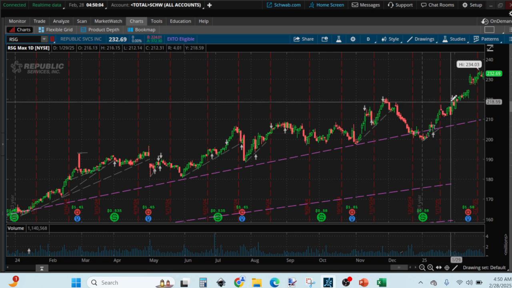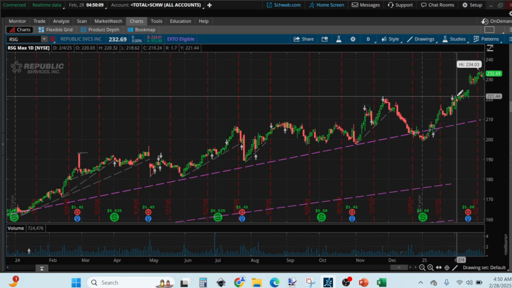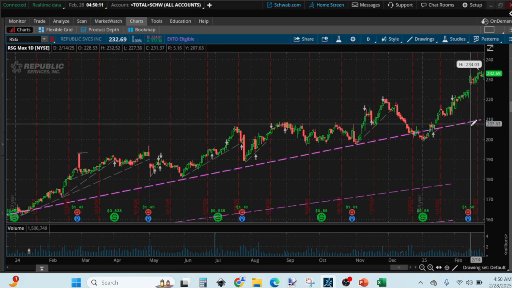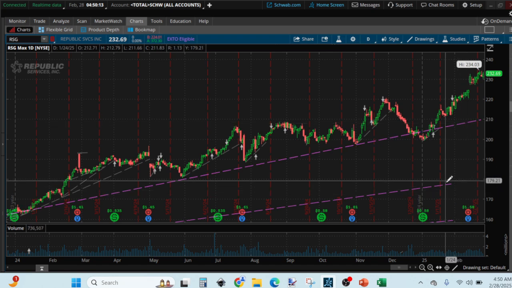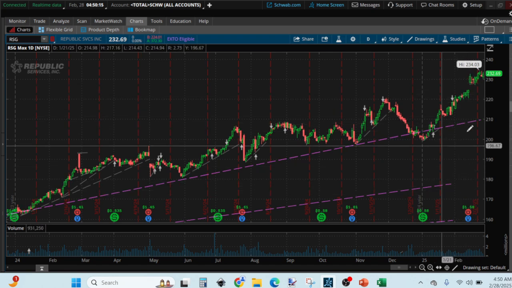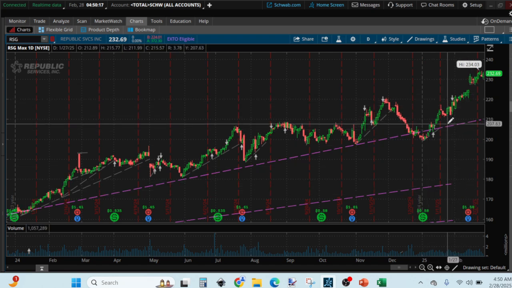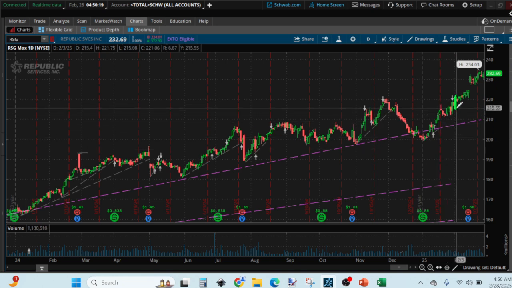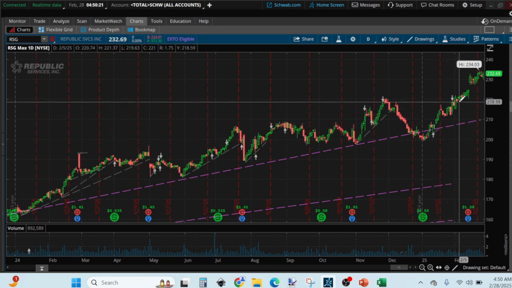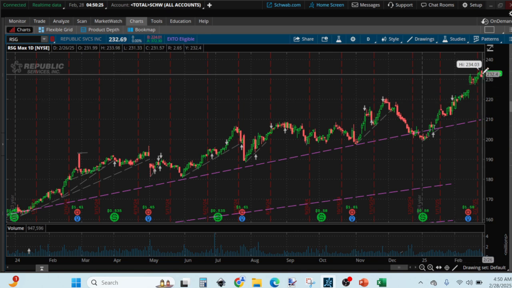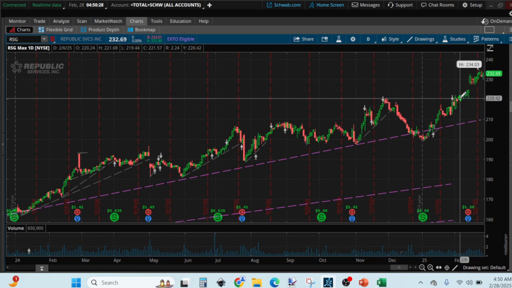we just felt more comfortable selling it to lock in some profits, just in case it pulled back and was ready to go way down, so that we don't get stuck in it higher up. But by making that decision, we locked in some profits and it continued to go up, making higher highs.